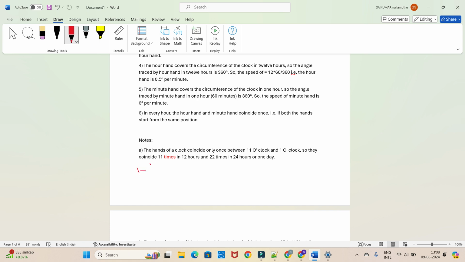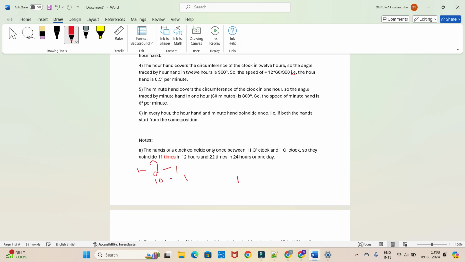From 2 to 3, in the same way, it's going to coincide one time. And again, from each hour to the next until 10, it's going to coincide one time between the hour and minute hands.